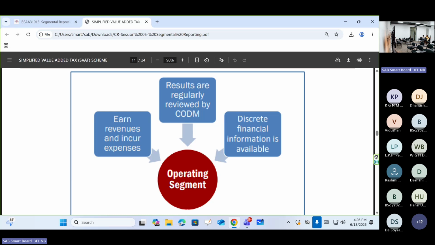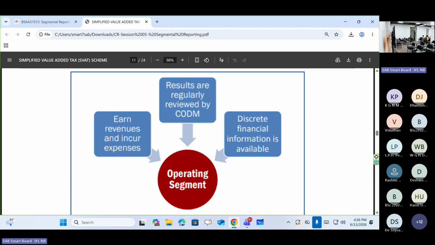If you know the exam paper format... Your corporate reporting paper is the hardest paper you have seen in your journey of learning. Corporate reporting paper. First question: 20 marks, 10 questions. It's 20 marks, 10 small questions.